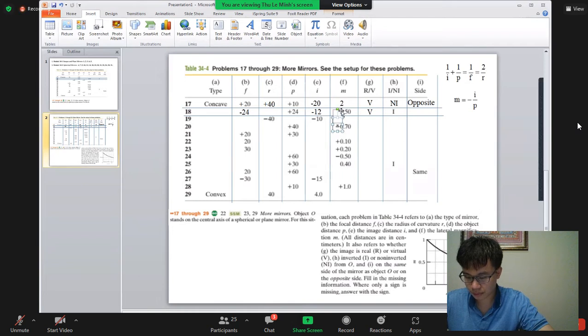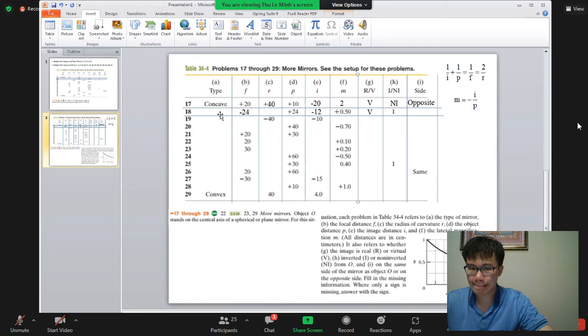If you put the sign here as positive, it means the image is virtual. However, if we put a minus sign here, the image should be real.